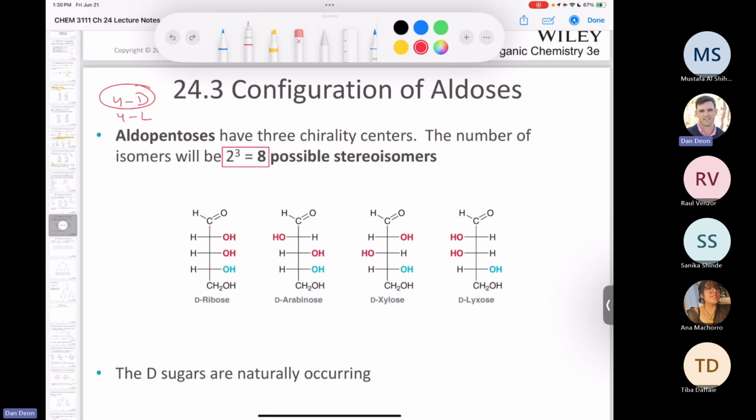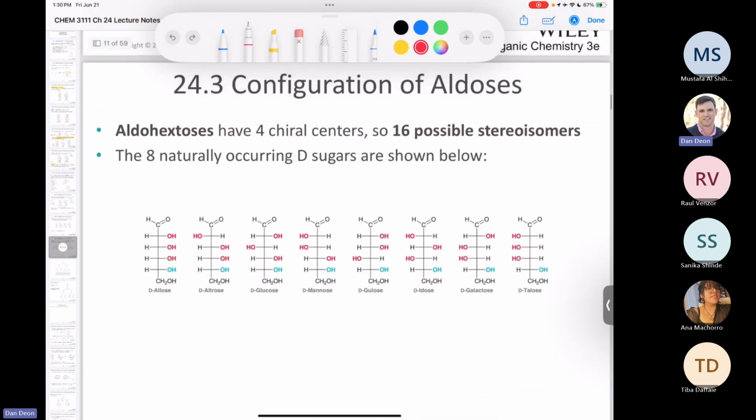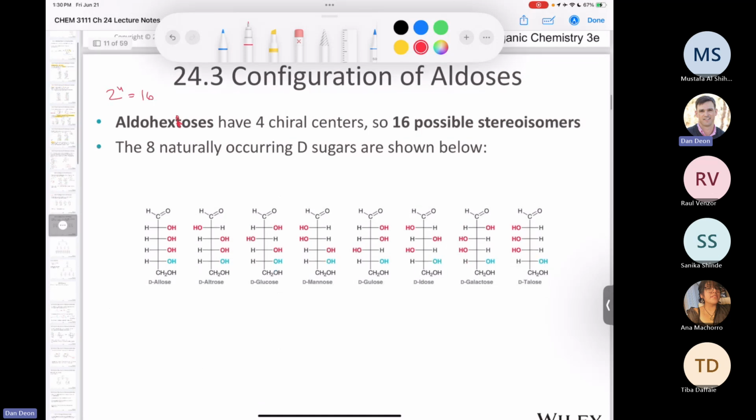Now, again, I told you, you don't have to have any of these sugars memorized because I'm going to give you the family of sugars for your quiz, okay? But as far as the aldohexoses, we have 2 to the power of 4, which equals 16, with 8 D sugars and 8 L. We're only interested in the 8 naturally occurring D sugars.